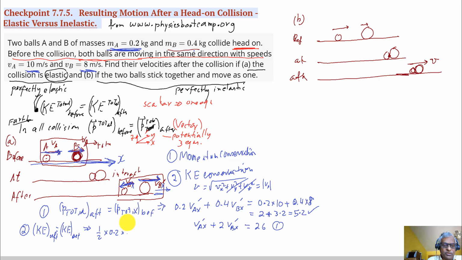So I'll just say half times 0.2 times vax square plus half times 0.4 times vx square equals half times 0.2 times 10 square plus half times 0.4 times 10 square. Okay, in the interest of time, let me calculate and come back to you.